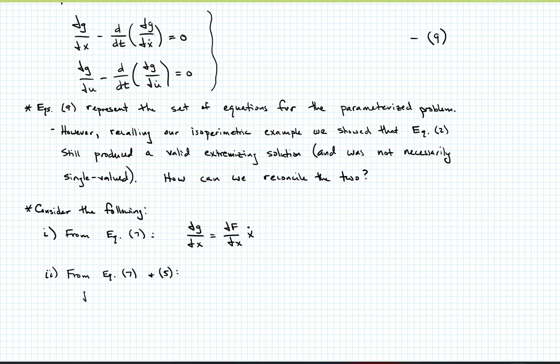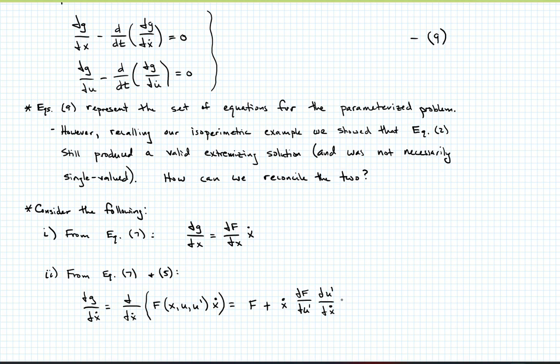So we would say that the partial of g with respect to x dot is equal to the partial with respect to x dot of the quantity, this is equation 7 that I'm writing out here, f of x, u, u prime times x dot, which will end up being f times the partial of x dot with respect to x dot, which is just 1, plus x dot times the partial of f with respect to u prime, since we know there's an x dot dependence in u prime, that's just the chain rule, times the partial of u prime with respect to x dot.